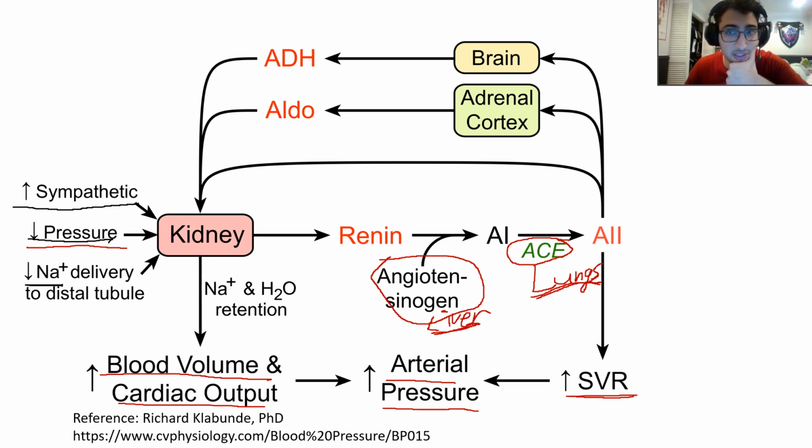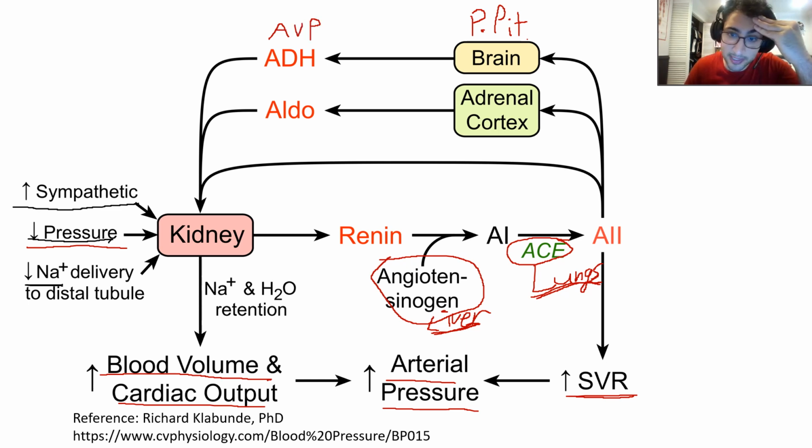The other action of angiotensin is going to be to get the brain to release antidiuretic hormone. From the posterior pituitary gland, the brain is going to release arginine vasopressin or antidiuretic hormone. They're the same thing. You might hear different names, so you'll either see ADH or AVP. They are the same thing.